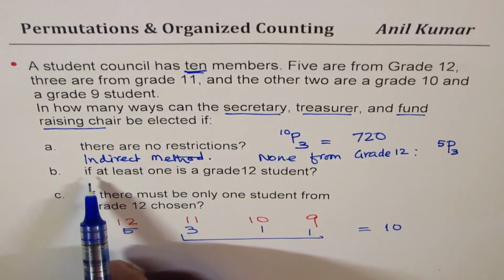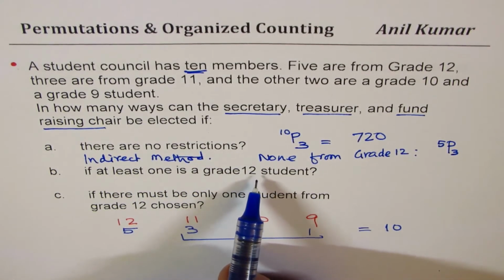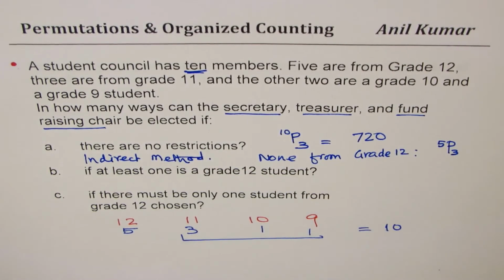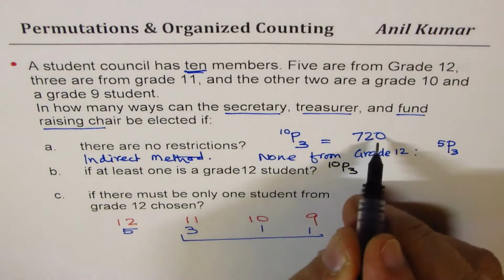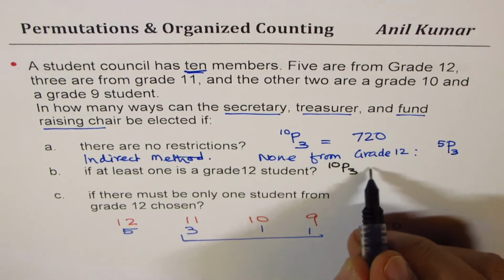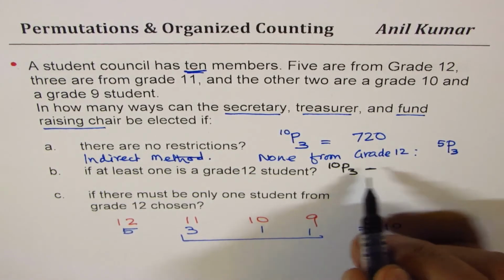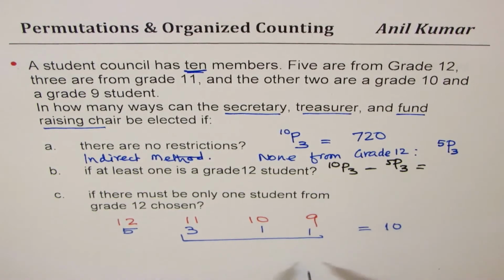Now it says at least one is a grade 12 student, at least one. There could be more also, correct? This is none, and therefore our answer will be 10P3, which is the total number of permutations, take away if all are from other grades, not from 12, which is 5P3, and that should give us the answer, correct?